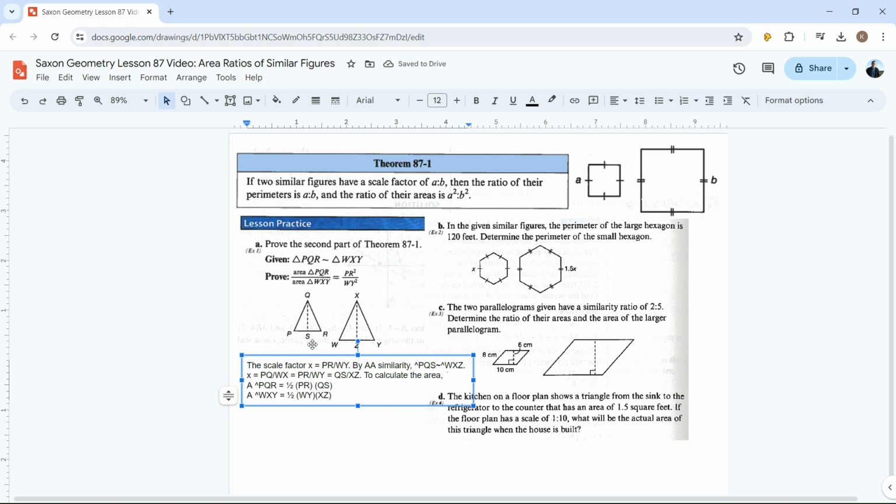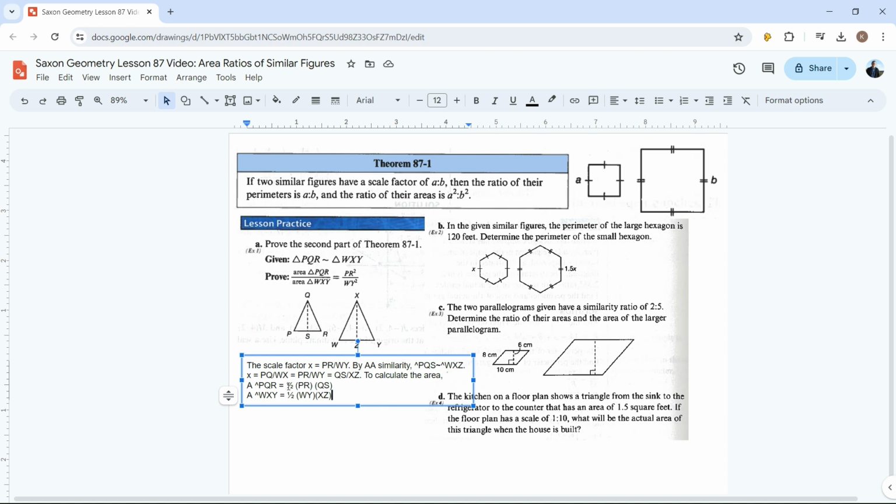Okay, now let's just take a look at what I've got here. PR times QS. But wait a second. I can look at these scale factors and I wonder if there's a way for me to work these scale factors in.